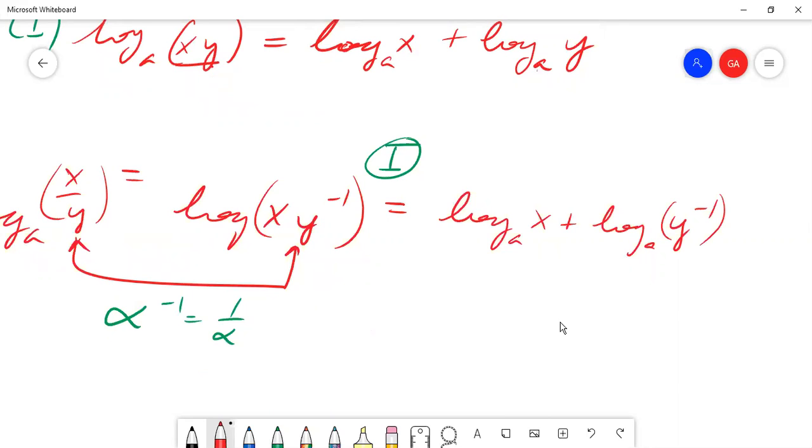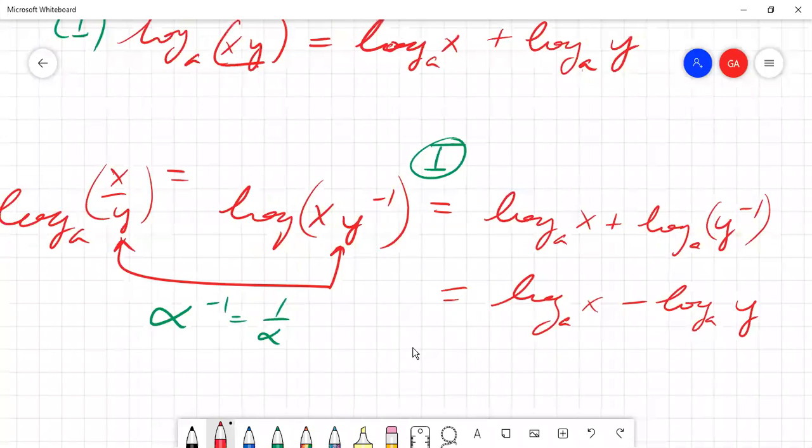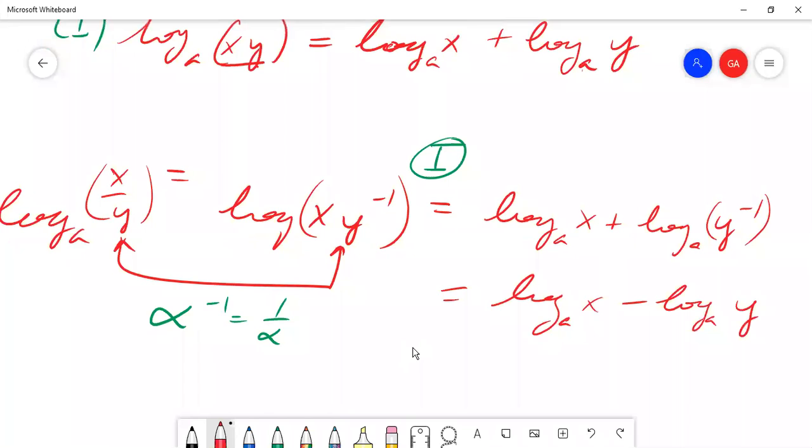But log base a of y to the negative 1 is equal to the negative of the log. Maybe I should have gone through a rigorous proof. Anyway, the log of a quotient is the difference of the logs of each.